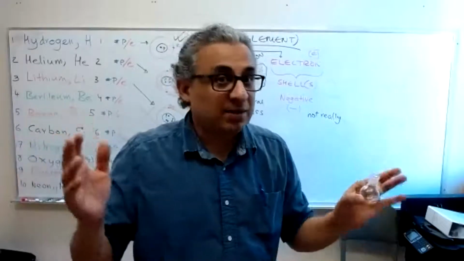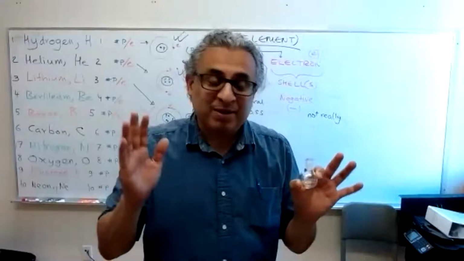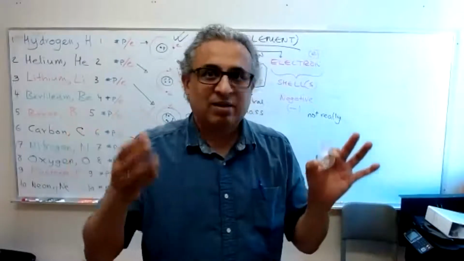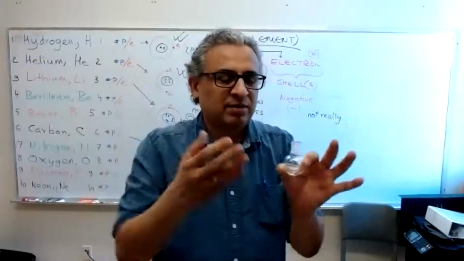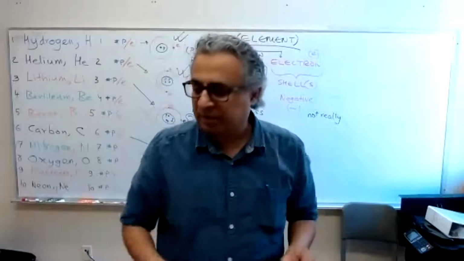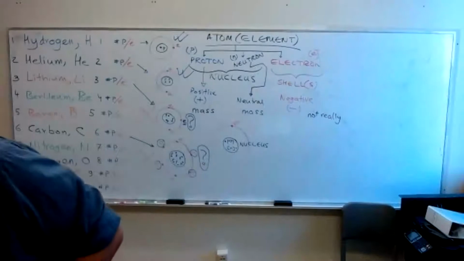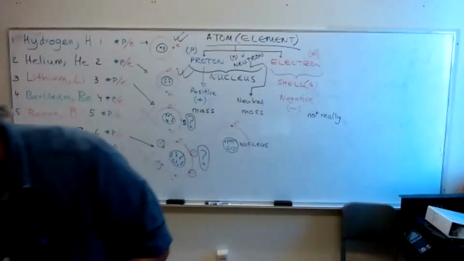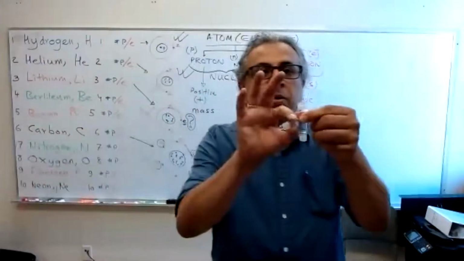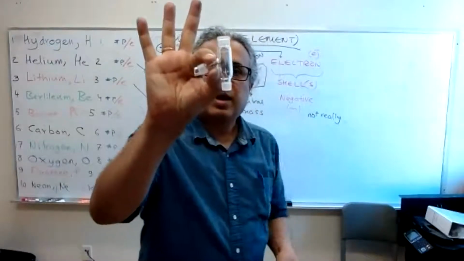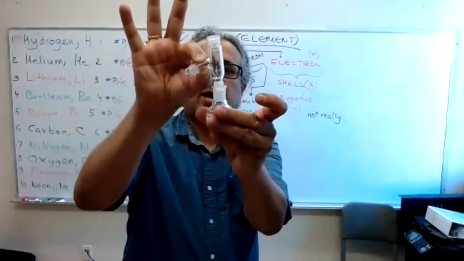Because chemists are not lazy, I promise. We are just efficient. We try to use acronyms and stuff. This is a round bottom flask. Okay. What does this look like? Condenser?